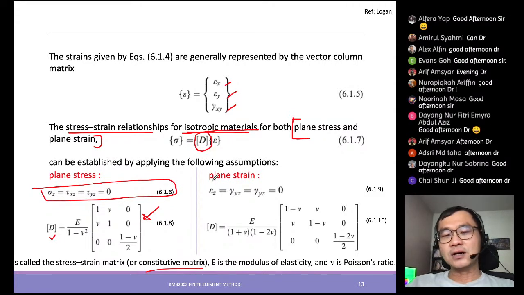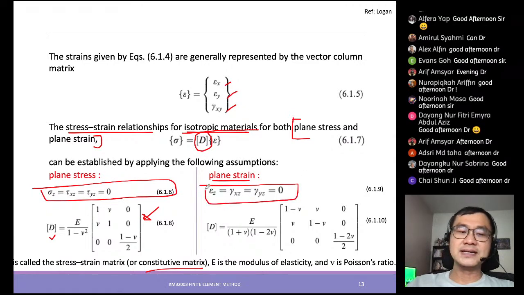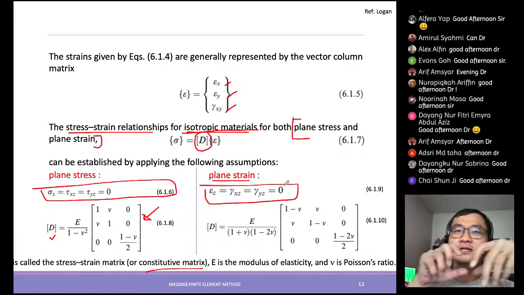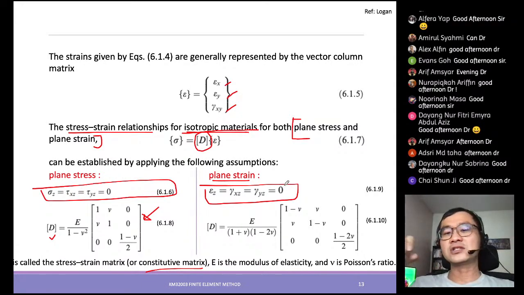Whereas for a plane strain problem, we assume that the strain, previously the stress, is 0. The strain along the z direction is 0 because the body is long enough that it will not change along the z direction. Therefore the strain is 0. Based on these assumptions, the constitutive matrix would be given as such.